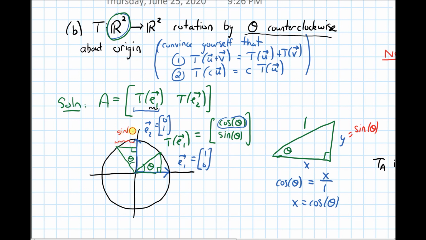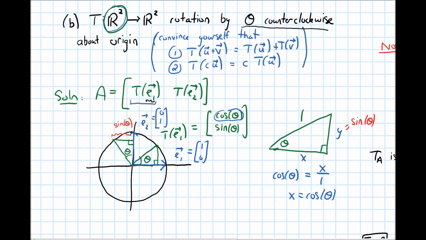Now if I write down T of E2, the x component of this vector corresponds to this length, but keep in mind it's going to be negative, so it's negative sine theta, because in my picture the x-coordinate here is negative. The y-coordinate is positive in my picture, and it corresponds to this length, which is the same as the horizontal length in the first vector.